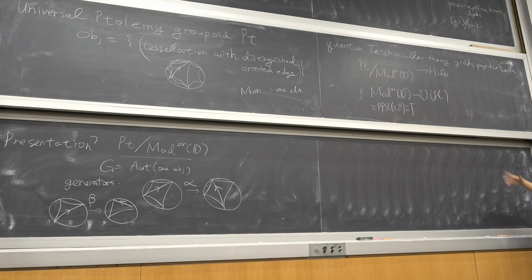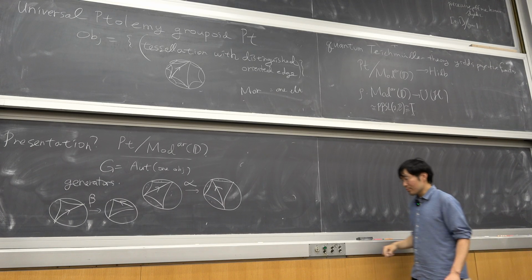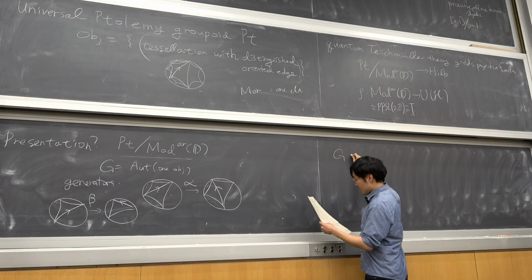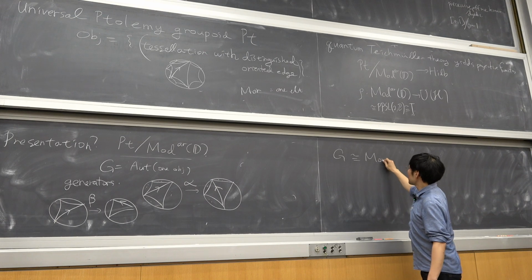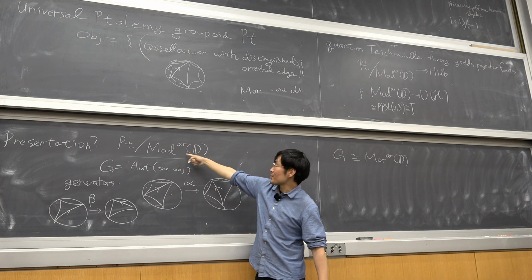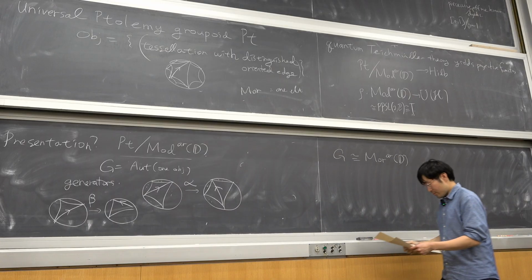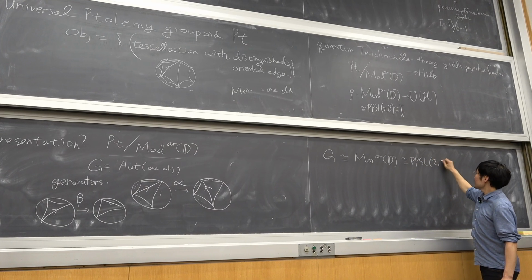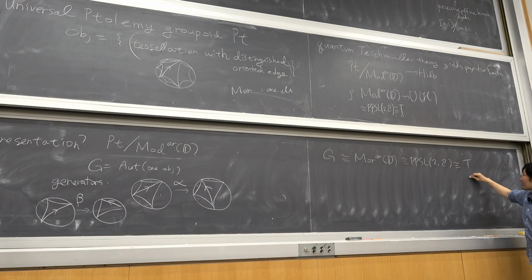And so we have all this isomorphism between different groups. So I'm calling this G. By construction, it's the same as this group that we are quotienting by, which is piecewise PSL2Z, which is the Thompson group. And this we do have a presentation.